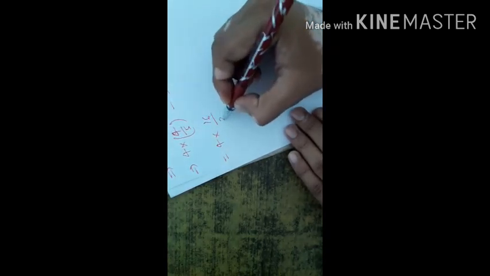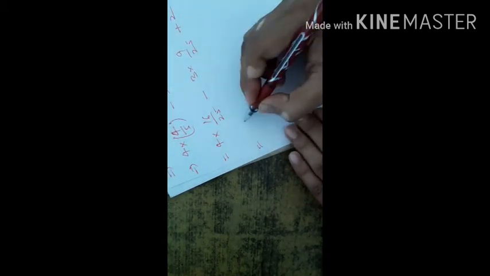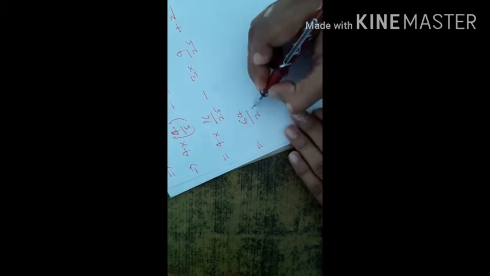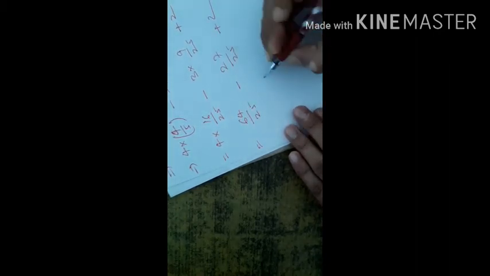So 4 into (4 upon 5) whole square minus 3 into base upon hypotenuse, which means (3 upon 5) whole square, plus 2. So 4 into 16 upon 25 minus 3 into 9 upon 25 plus 2. 4 sixteens are 64, so 64 upon 25 minus 27 upon 25 plus 2.